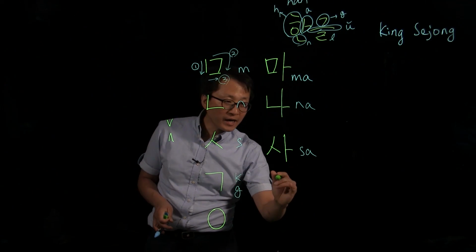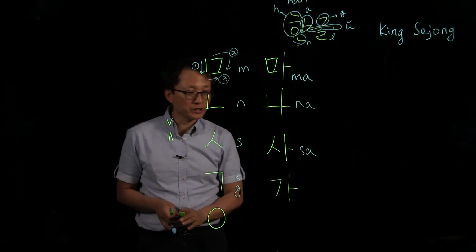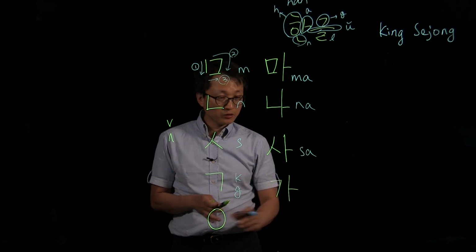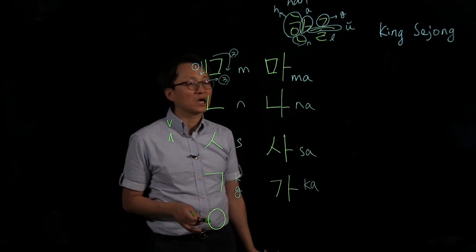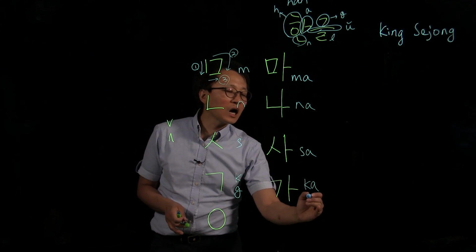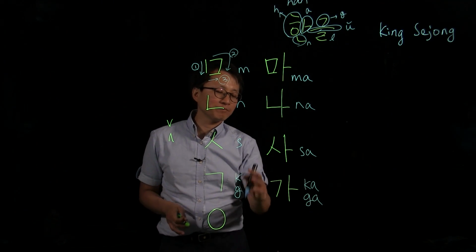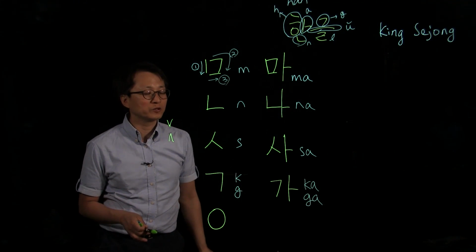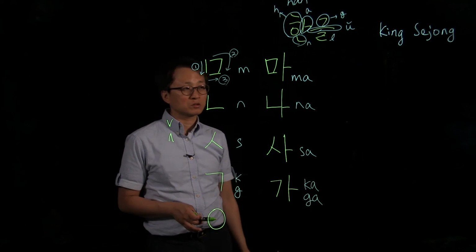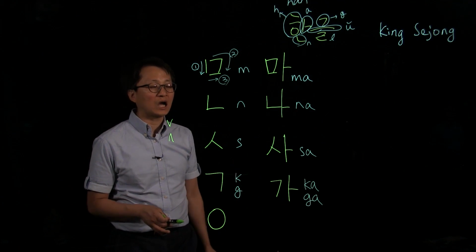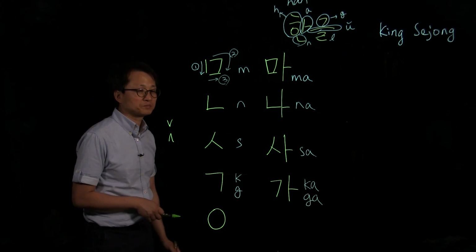And if we add ah here, its sound value is ka. Sometimes after other vowels or voiced consonants, we pronounce this closer to ga, ka, or ga, like this.